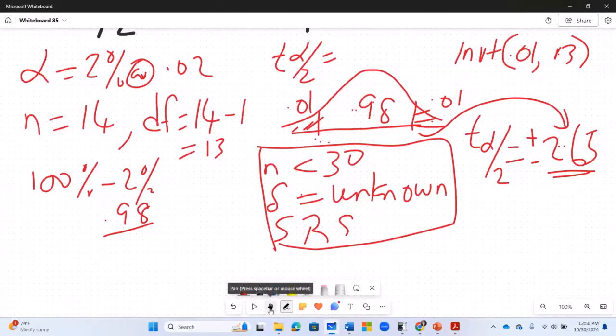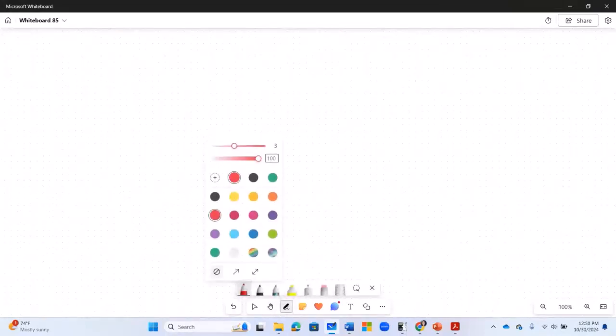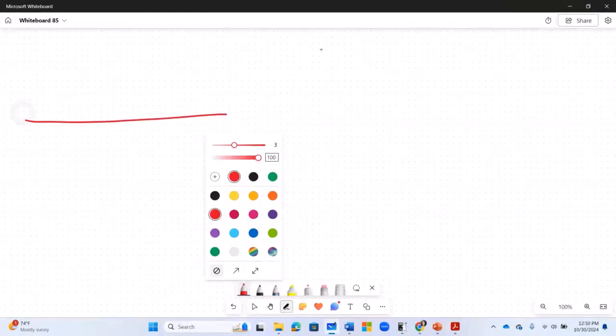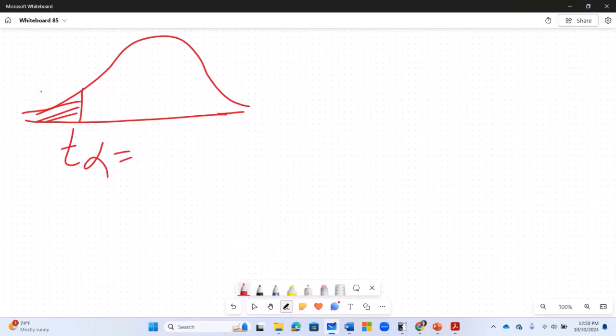The area inside the curve is 2% or 0.02. So area under the curve is 2%, one-tailed left. So I'm only looking for T alpha. If I'm given one-tailed left for T, I look for T alpha. Same thing for Z. One-tailed left for Z, I look for one tail. In other words, I'm looking for the T value that corresponds to 0.02.